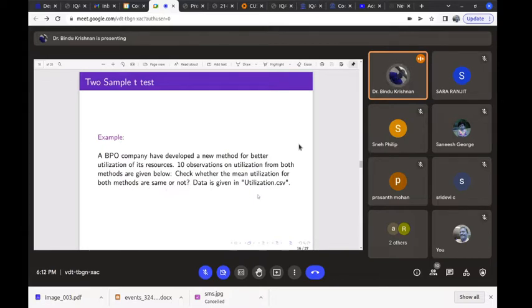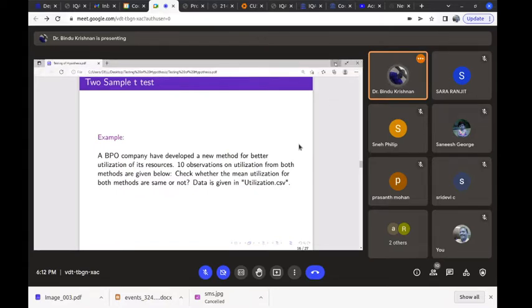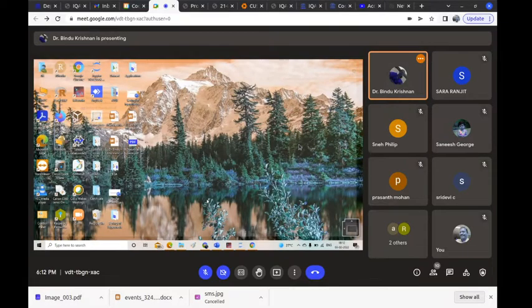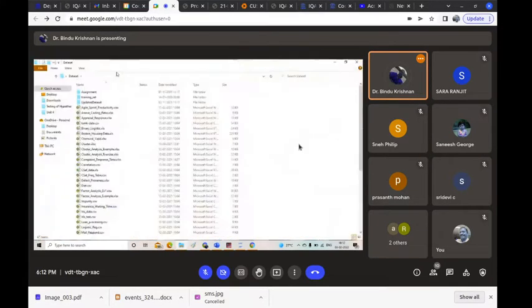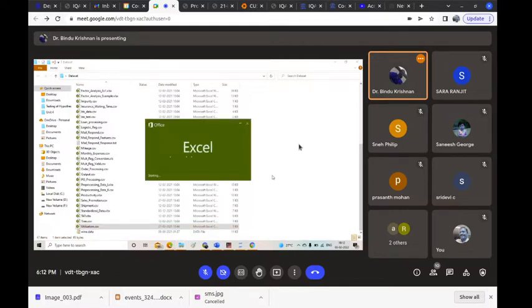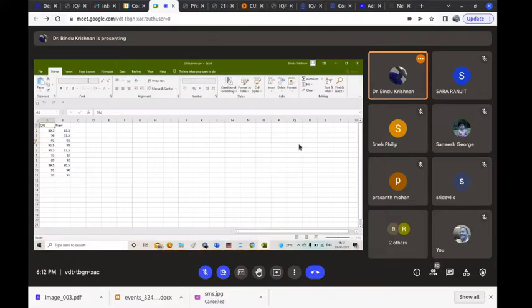The data is given in utilization.csv. I'll show you the data set. See, only 10 observations are there. I have two columns: this is the first set of samples, and this is the second set.